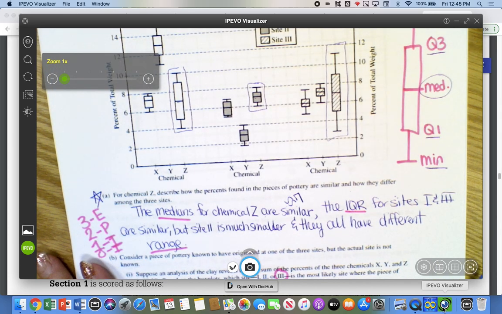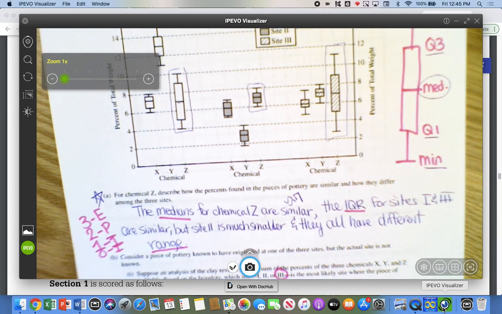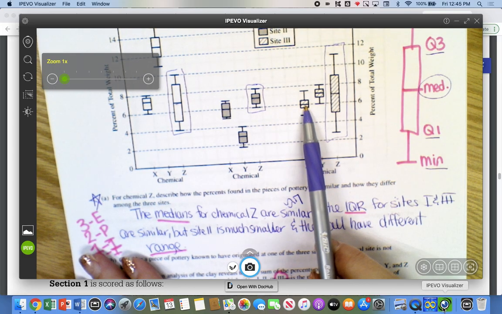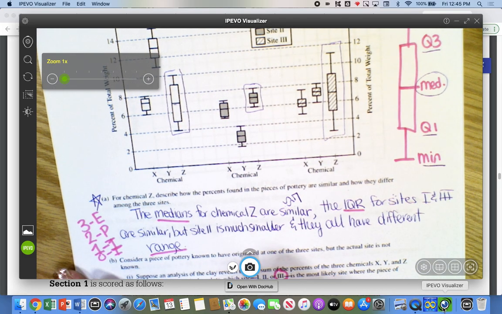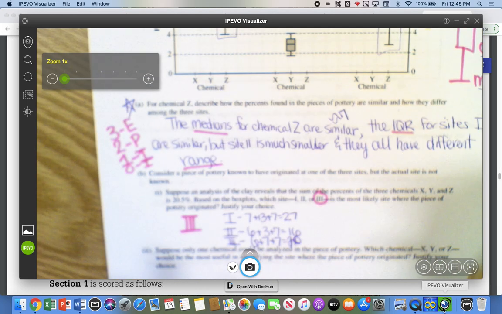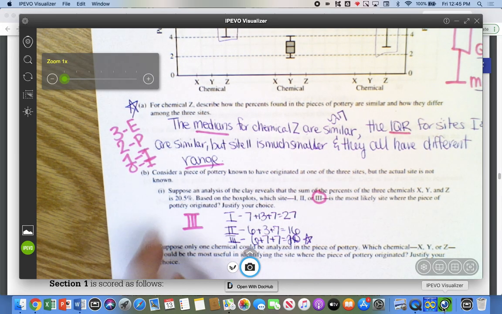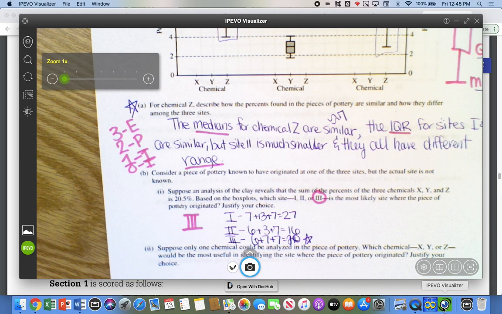Because median, if we're going to guess off of it, we expect half of the data to be around the middle. So if we add all of those, we have 6 plus 7 plus 7. That's 20. So whenever you add all of those median scores, this one is the closest to the 20.5, so that's why we choose that one.